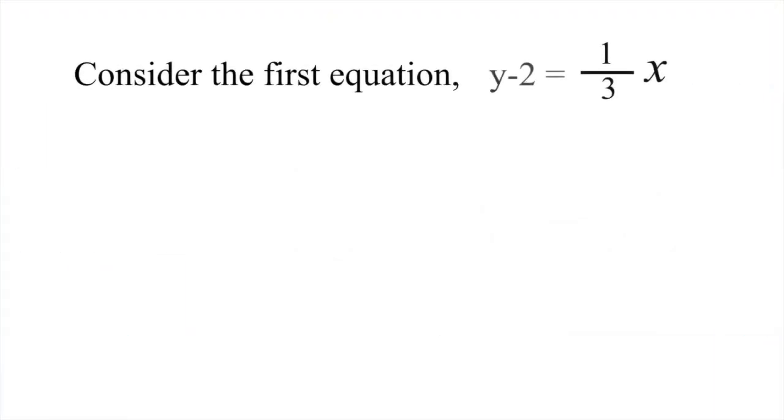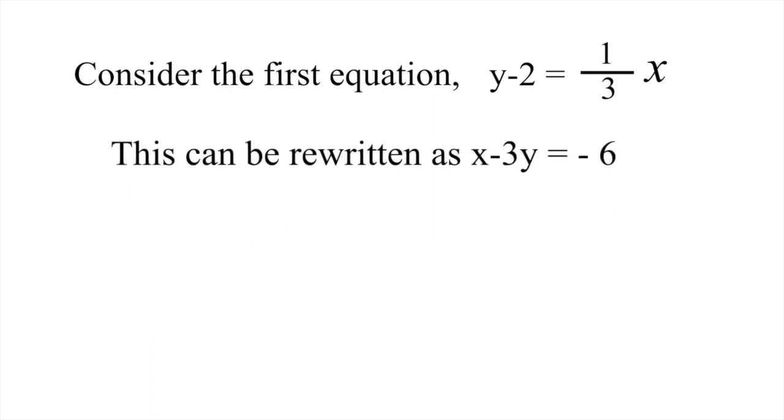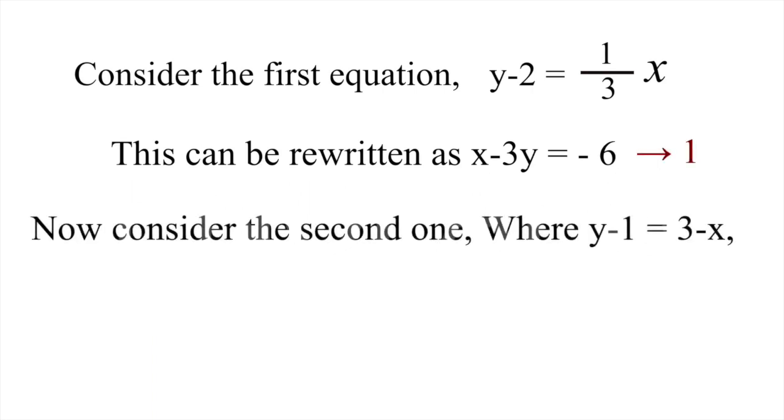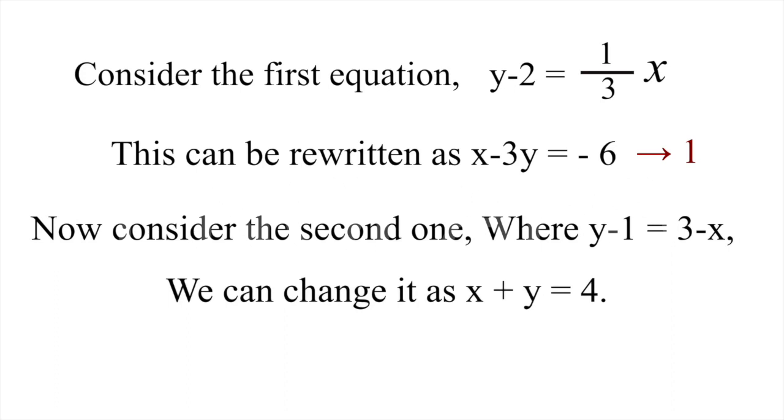Consider the first equation, y minus 2 equals 1 by 3 x. This can be rewritten as x minus 3y equals minus 6. This is equation number 1. Now consider the second one where y minus 1 equals 3 minus x. We can change it as x plus y equals 4.